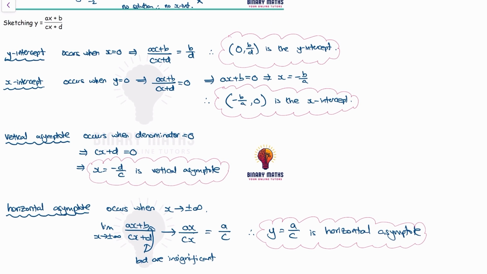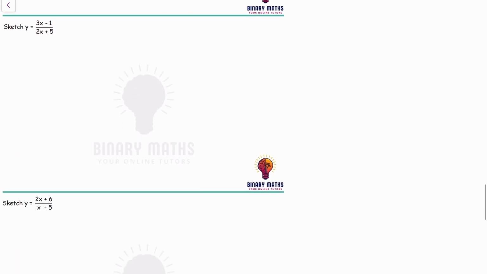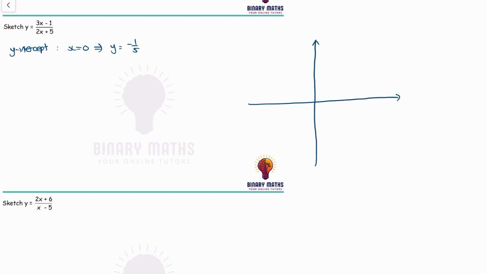Okay, so the best thing to do is to go through an example. So let's go through an example. First thing I need to do is the y-intercept, which means x equals 0 implies that we get y equals minus 1 over 5. So if I were to sketch this, y equals minus 1 over 5 is my y-intercept.